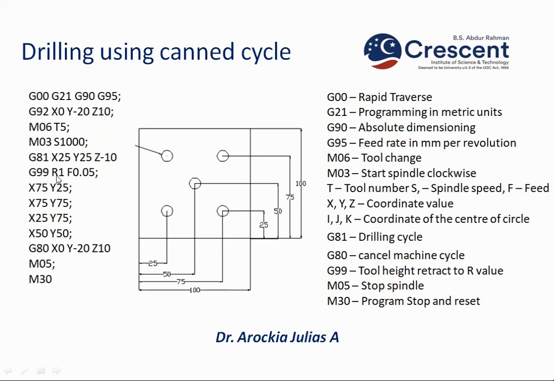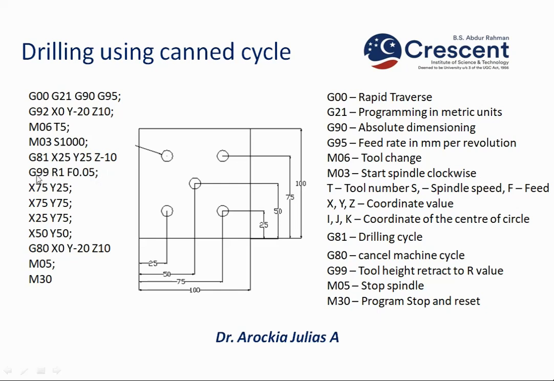Earlier we retracted the tool up to Z10. In the previous program, we made the tool travel from Z10 to Z minus 10, so 20 units, from Z10 to 0, then to minus 10. Here we are not going to do that. Here it retracts only up to R1, so it travels for say 11 units with a feed value of 0.05.